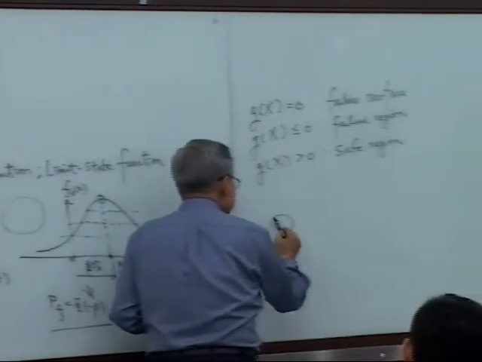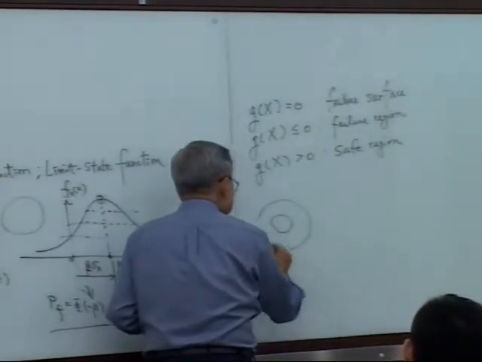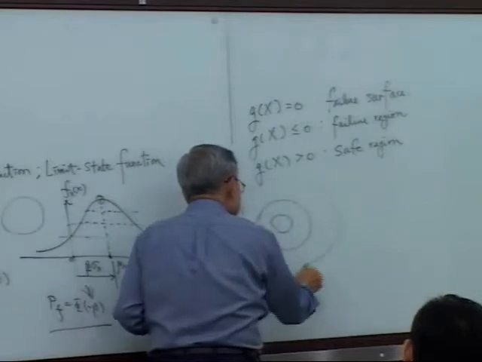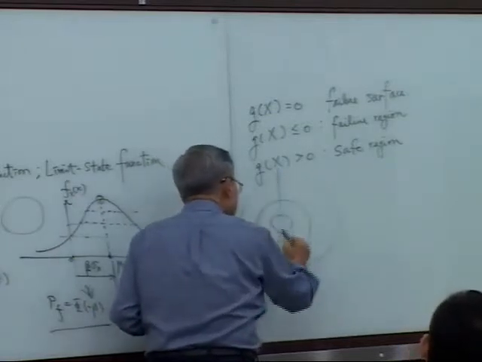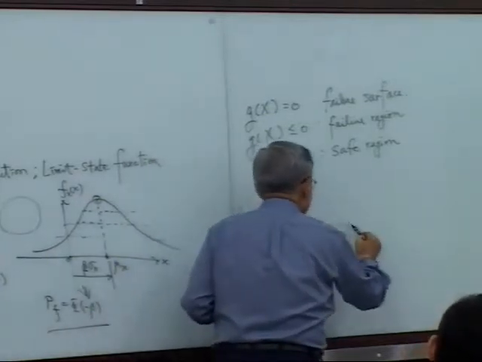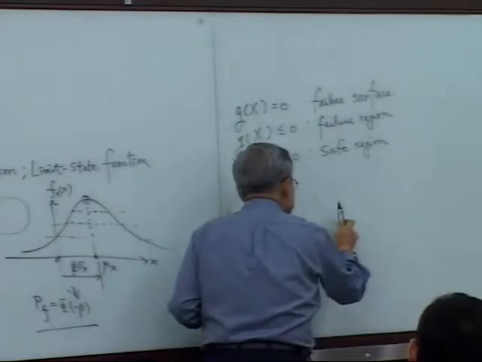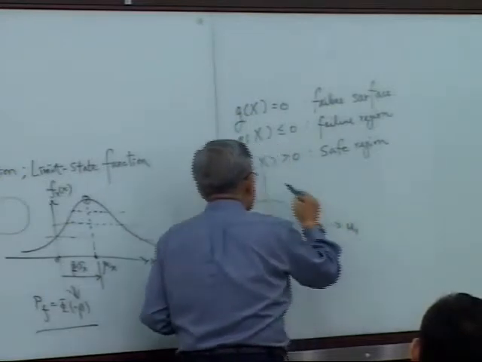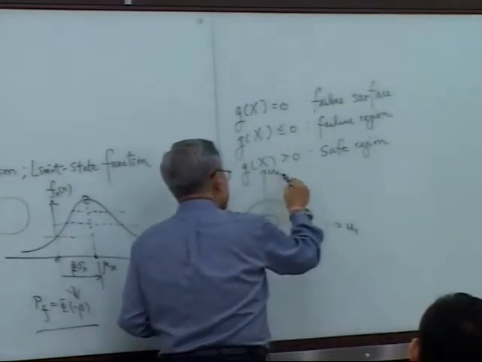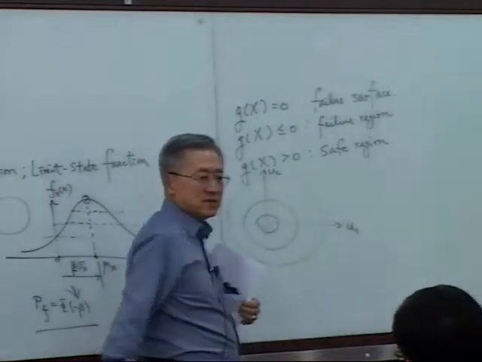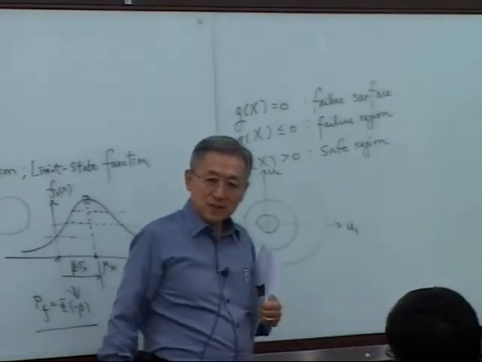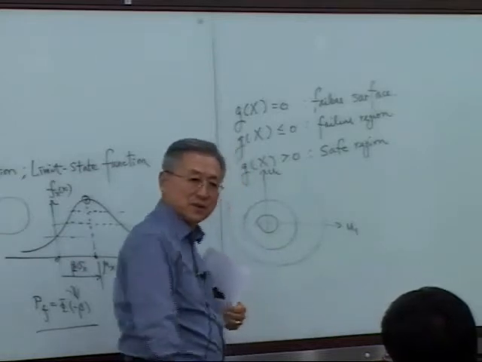So in the standard normal space, let's call it the U space, U1, U2 space, all the contours will be nice circles. You buy that? That's beautiful.